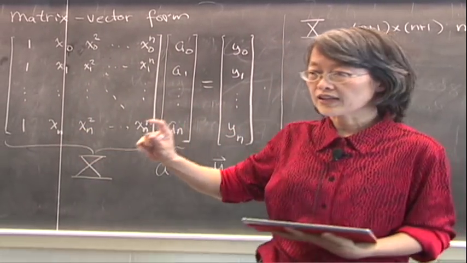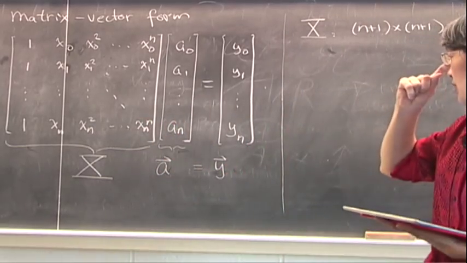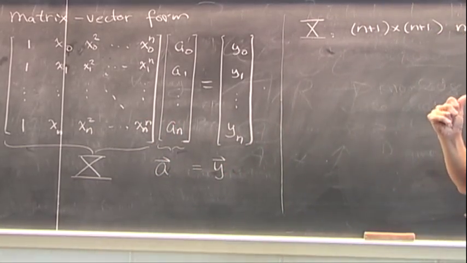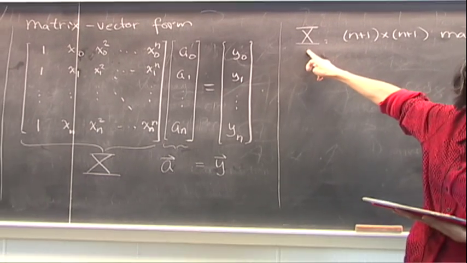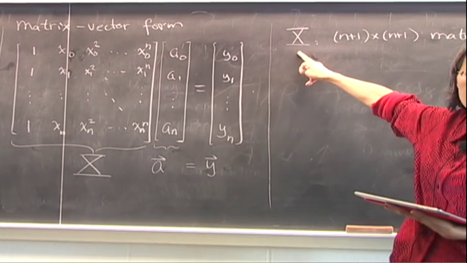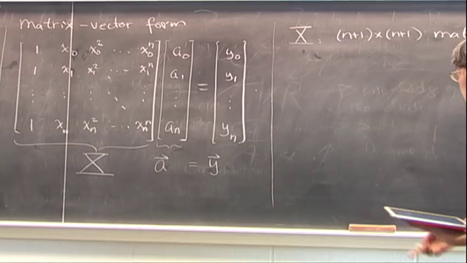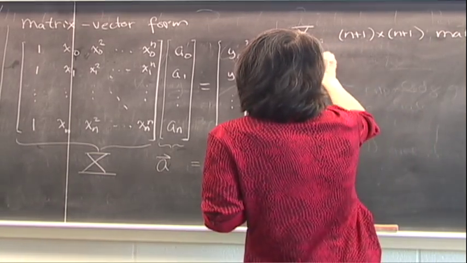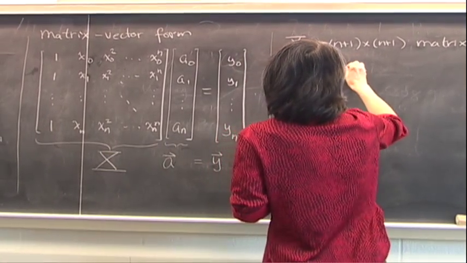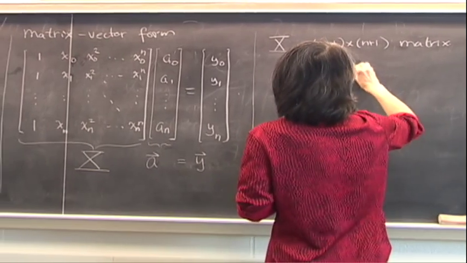Once this set of x is given, you know x0, x1, all the way to xn, then you know this matrix X. Nothing else is needed, right? So this one carries the name. It's called the Vandermonde Matrix.